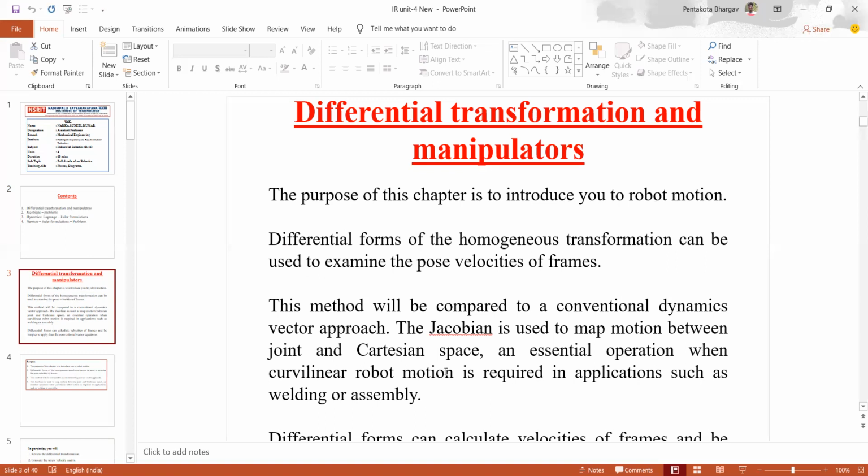So these directions will be called curvilinear robot motion, which is required in applications such as building or assembly. Okay, you can know clearly about the differential transformation and manipulator. Here we can go to the first point. The purpose of this chapter is to introduce robot motion.